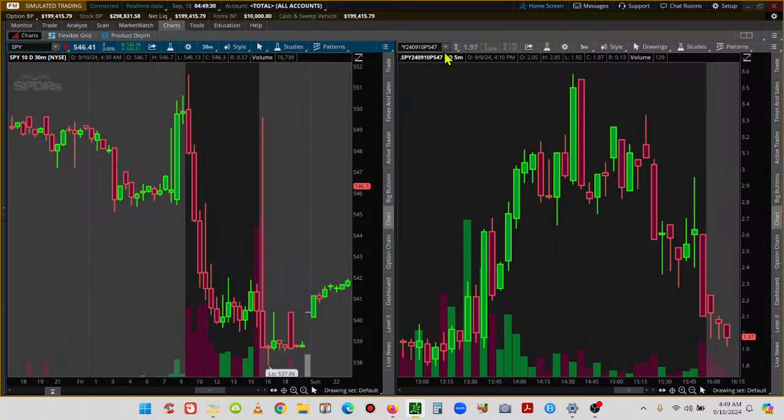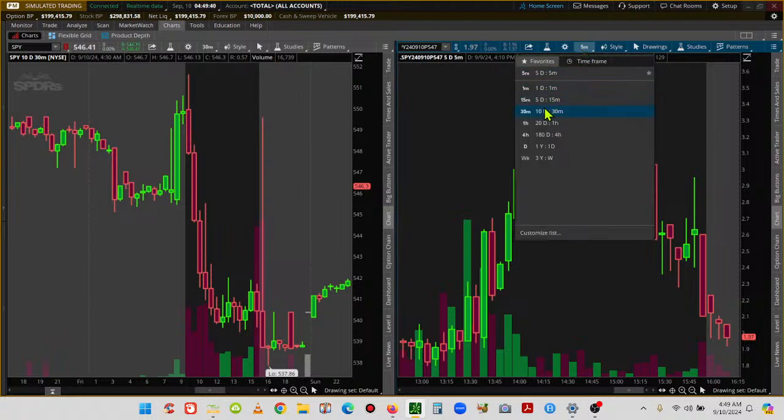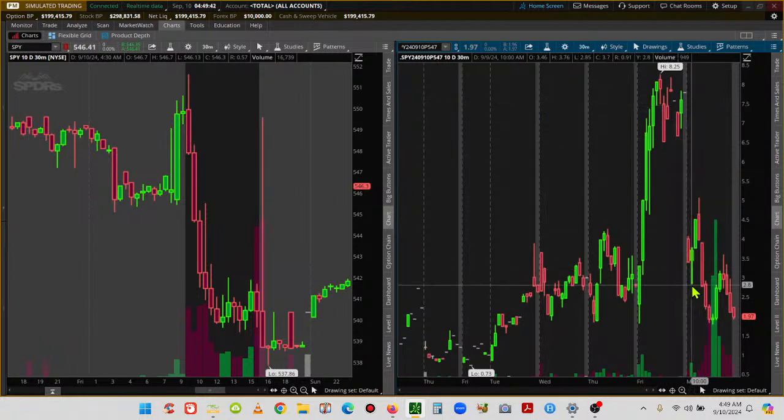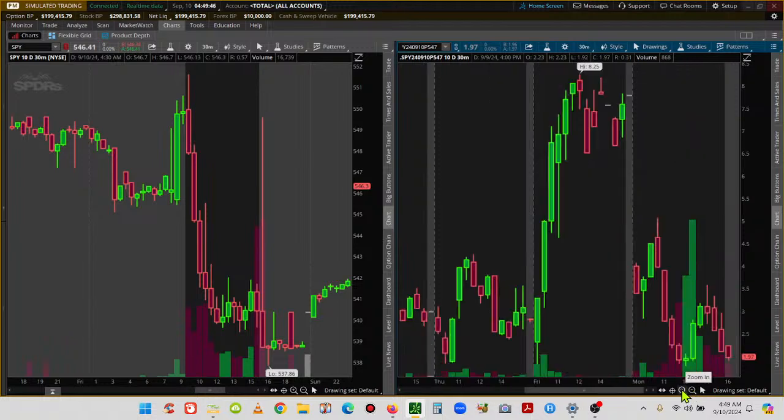We have this put contract open that expires today. I want to change this to the 30-minute time frame and see what happened back then. So we're looking for the date of 9/6 on the open.